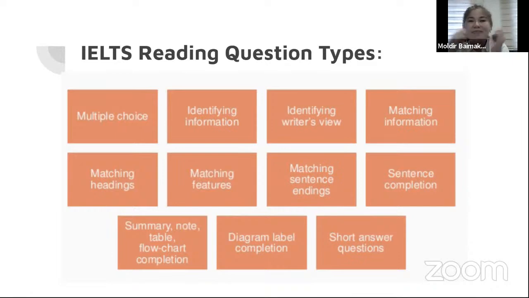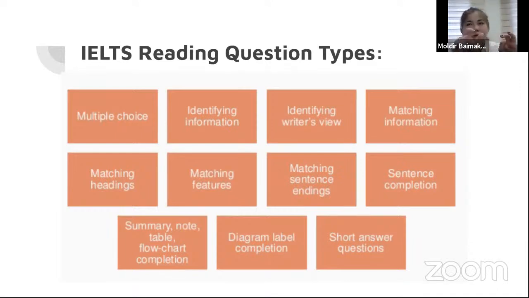So, I think you know that, but this is also one of the most challenging questions. Even though, for example, we know that some paragraphs have some specific information, matching headings can be really difficult sometimes because, first of all, they use really difficult words.